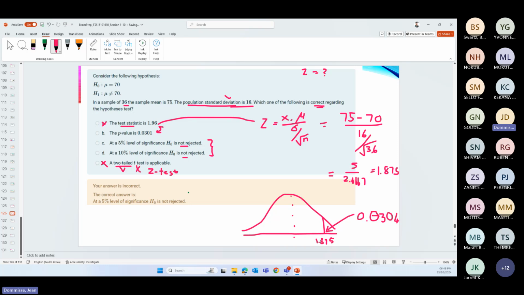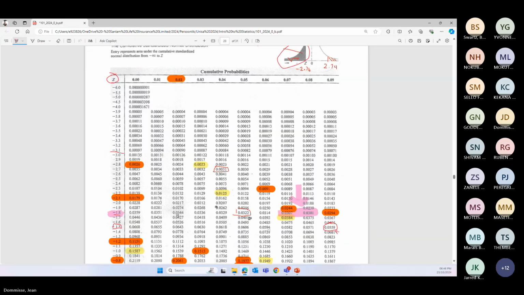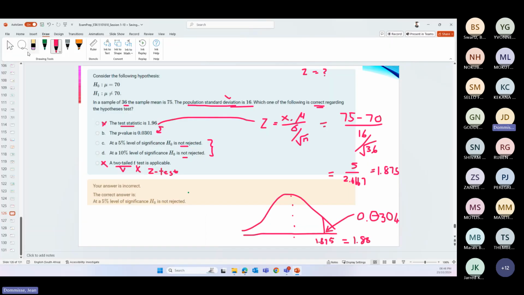Okay, so they used 0,0301 because they rounded it off to 1,88. So let's quickly see. They used the 0,0301. So we can do that as well.